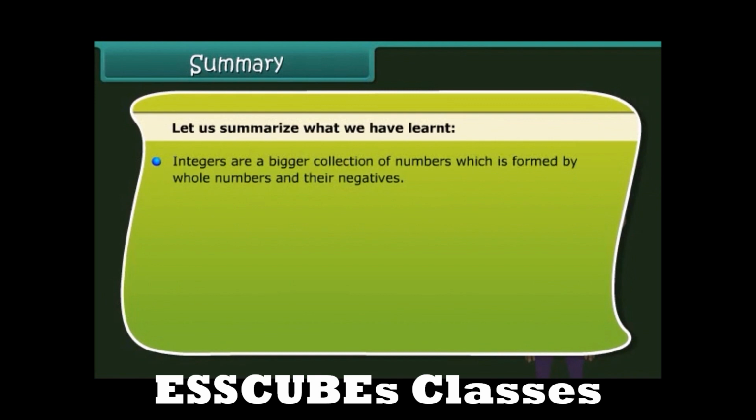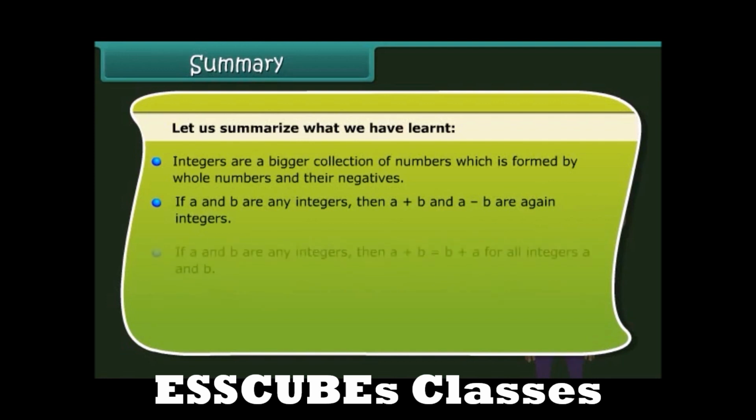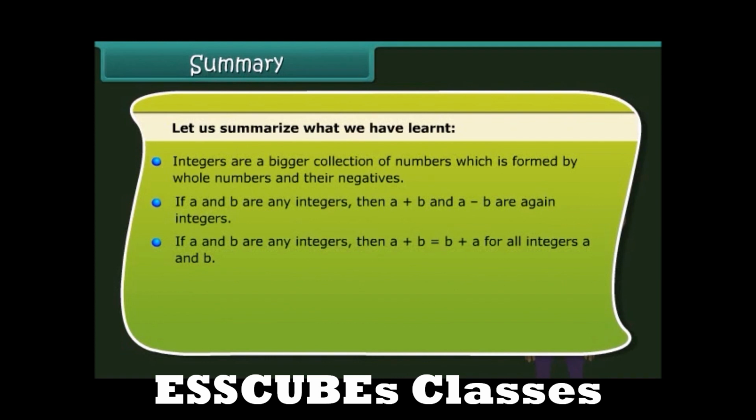Integers are a bigger collection of numbers which is formed by whole numbers and their negatives. If a and b are any integers, then a plus b and a minus b are again integers. If a and b are any integers, then a plus b is equal to b plus a.